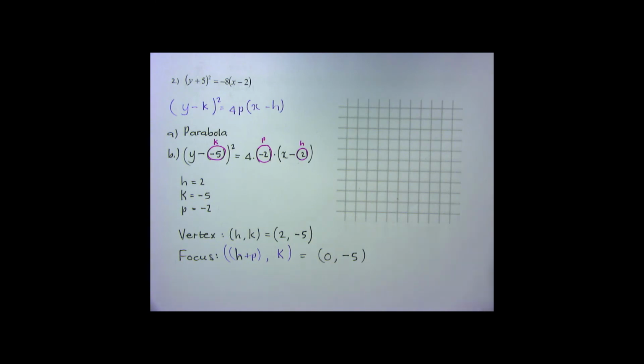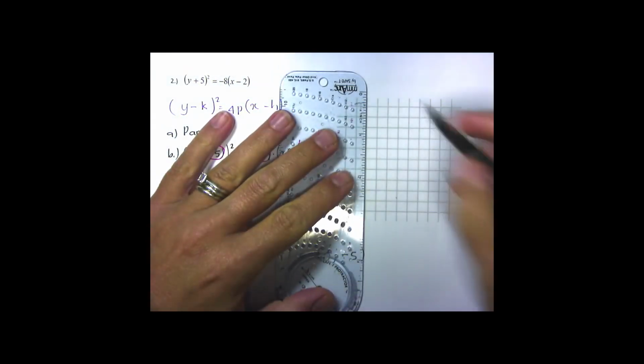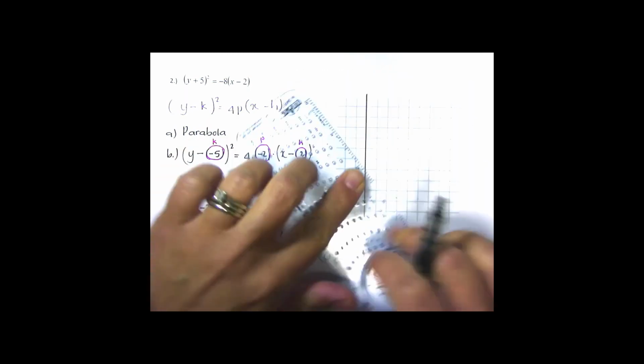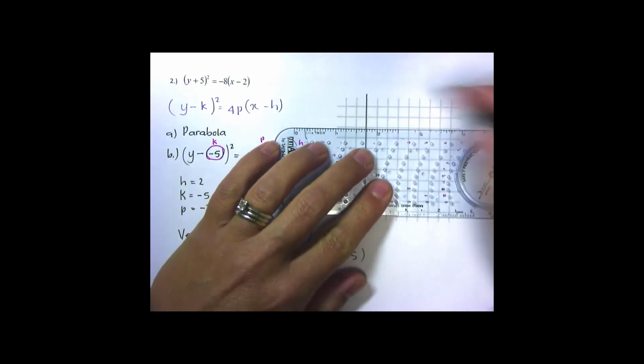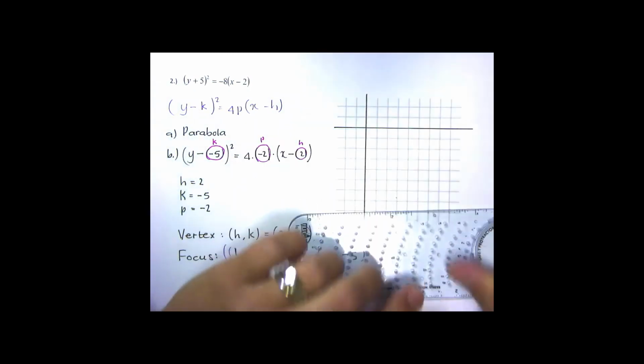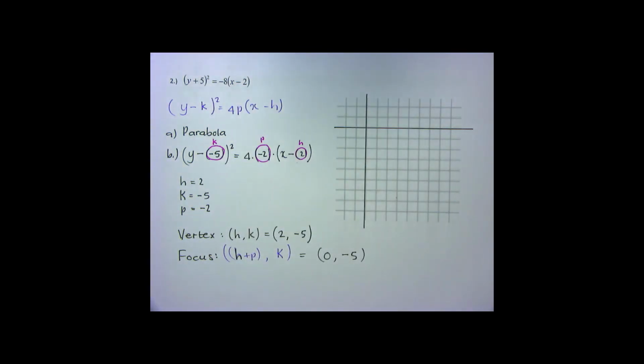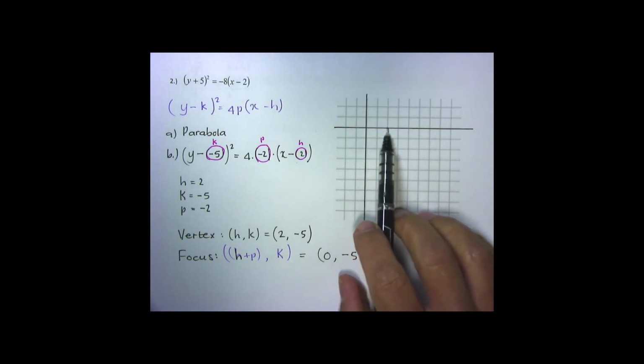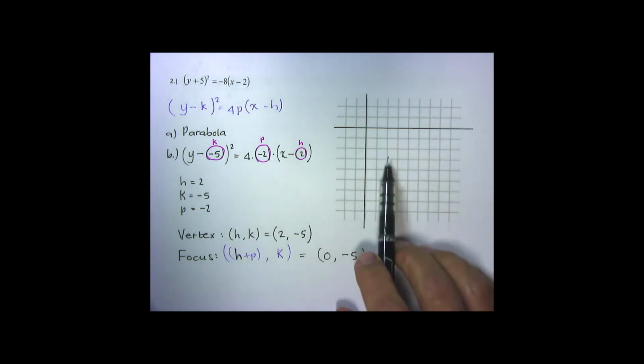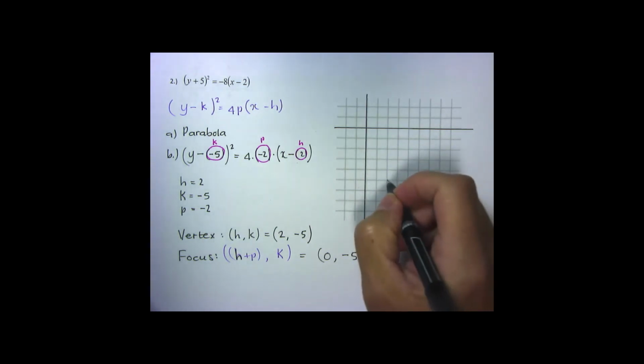All right, so let's go ahead and graph. There's a coordinate system. We can see that the vertex is located at the point 2 comma negative 5.